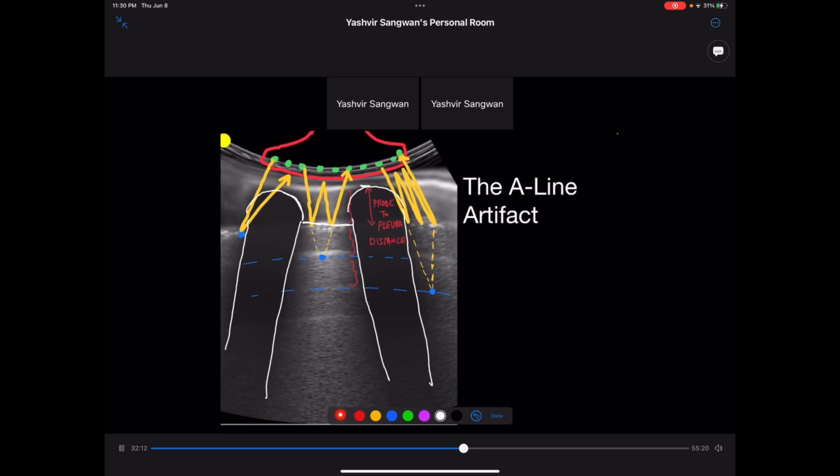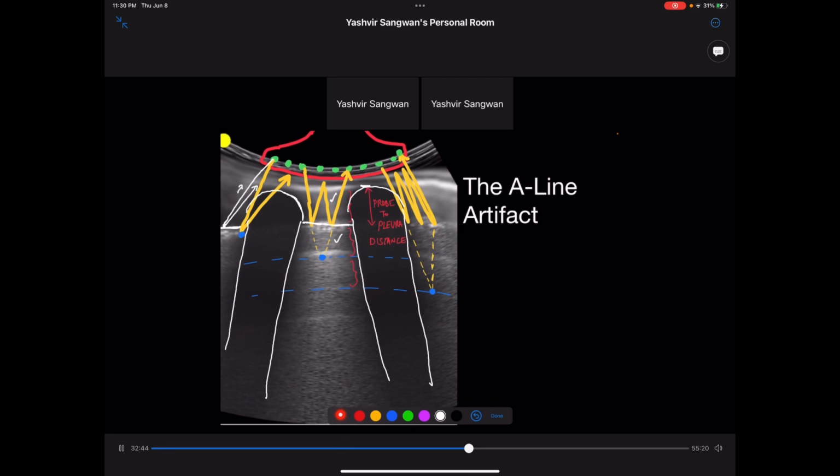Everything gets scattered, everything gets reflected, not only because air is a bad transmitter of sound, but also because of the tissue difference between the skin and muscle and the lighter air below the pleura. So what happens is a wave comes out of a piezoelectric crystal, goes through the tissue, some is reflected, hits the pleura and everything is reflected. That's fine. You get a pleural line.